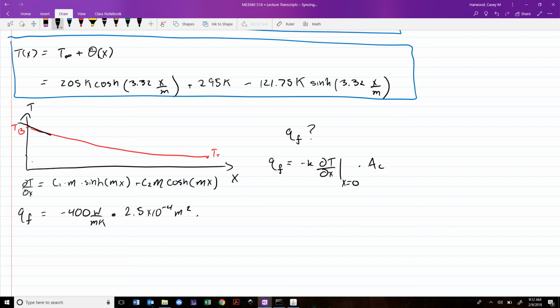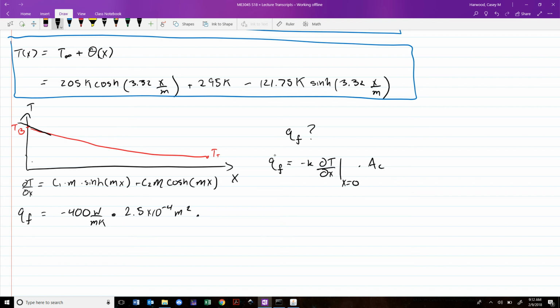The reason this m comes out is the chain rule: we're taking the derivative of cosh mx and m travels outside. Evaluating this at 0, the sinh disappears, and all we end up with is C2 times m.